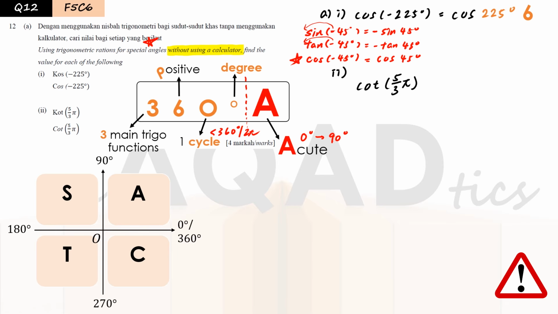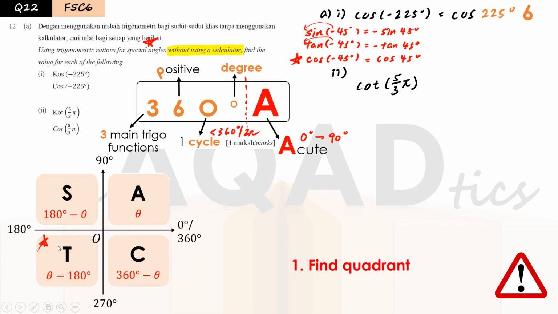Here we need to do 2 things. The first thing is to identify which quadrant our angle belongs to. 225 would be in the third quadrant, the T section here.